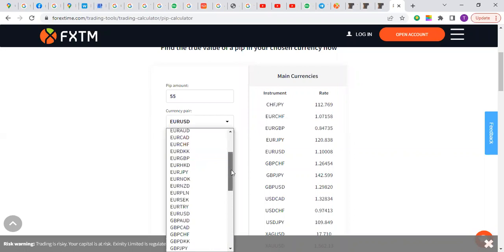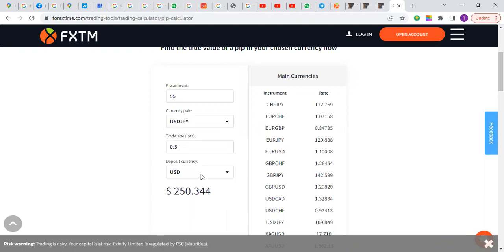My currency pair is USD JPY. This one gives me 250. Yeah. If I change it to 0.5, it will be 200. So 250. Good. So I can use 0.5. Let us use 0.5.